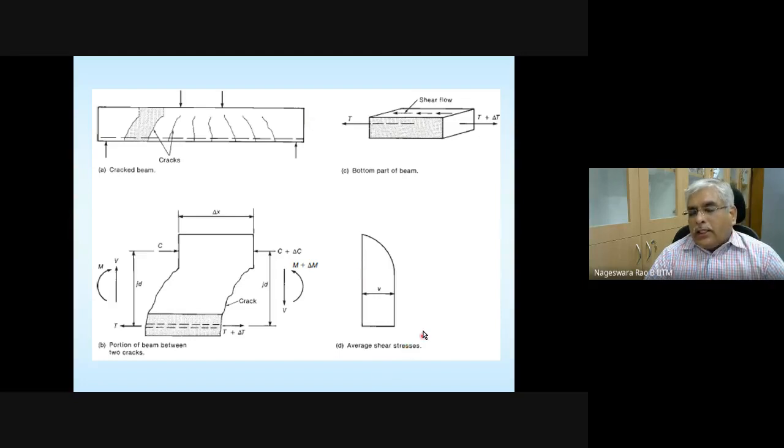And here is the shear stress distribution for this kind of cracked beam, which is not homogeneous, in the sense that on the tension side you have reinforcement. For that kind of beam, the shear stress distribution is going to look like this.